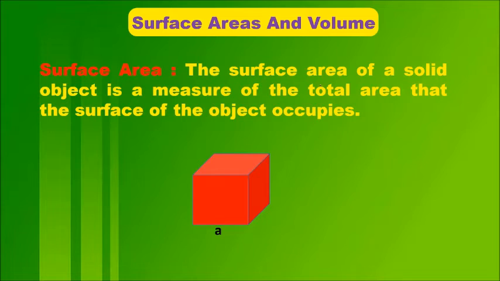So the area of one surface will be equal to A into A, or we can say A square. Since it contains 6 surfaces, hence the total surface area of this cube will be equal to 6 into A square.